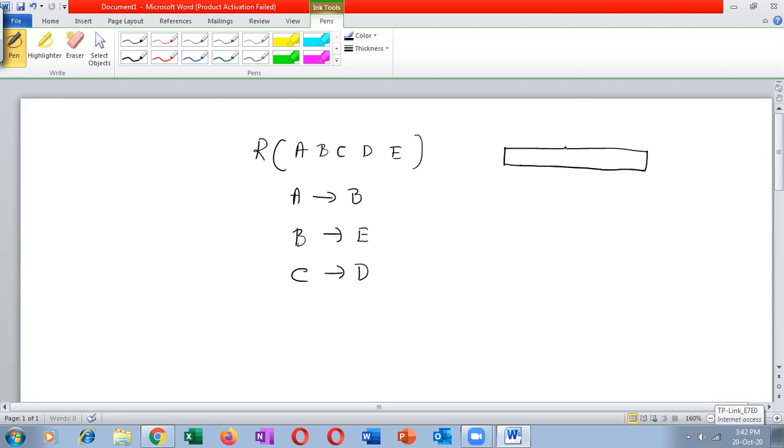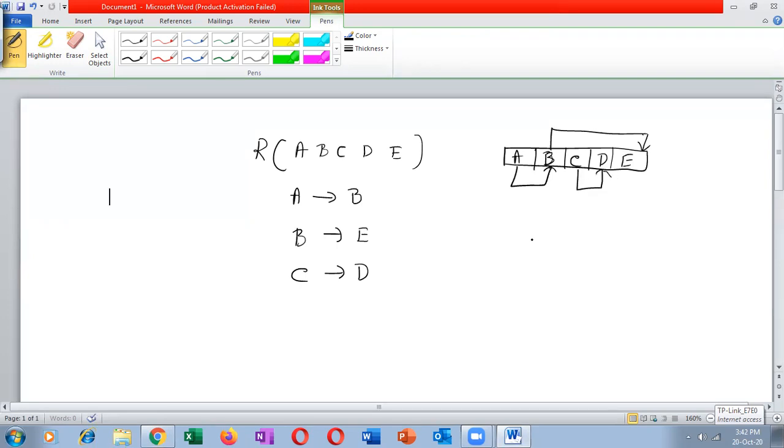Here A, B, C, D, and E. A to B, a dependency is there. B to E, another dependency. And C to D, another dependency.